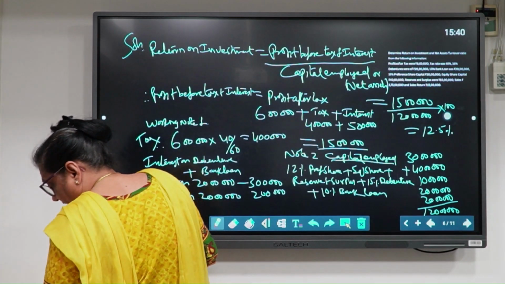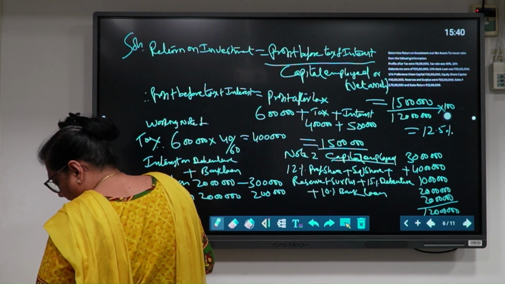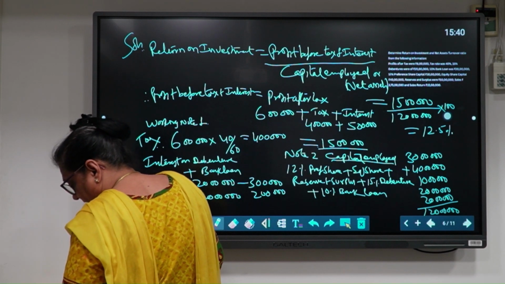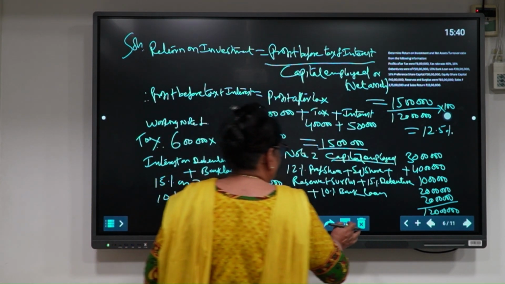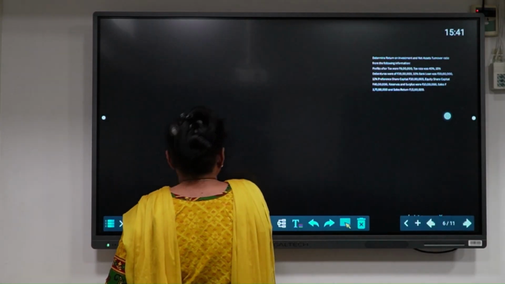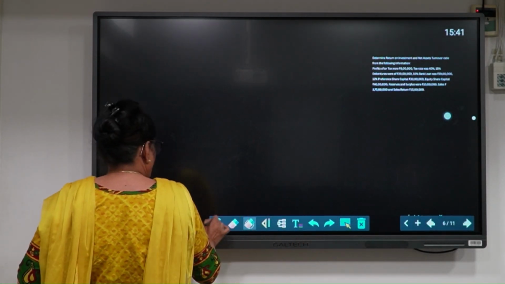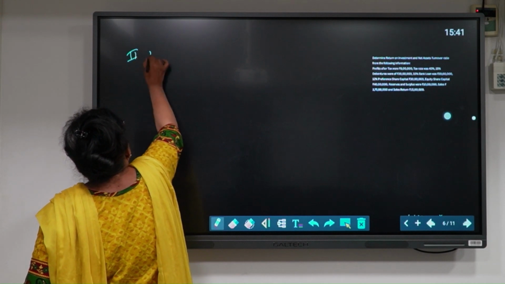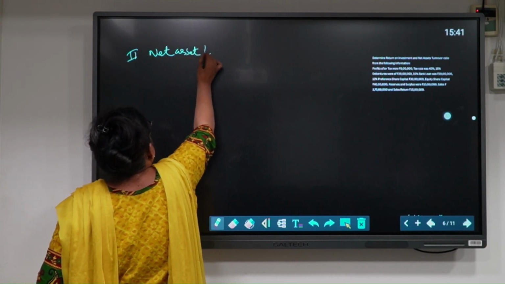Next, what has been asked? Return on investment and net asset turnover ratio. Let me erase this. Now the second one: net asset turnover ratio.